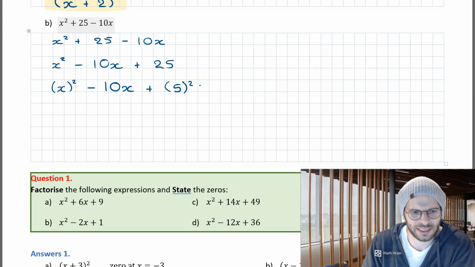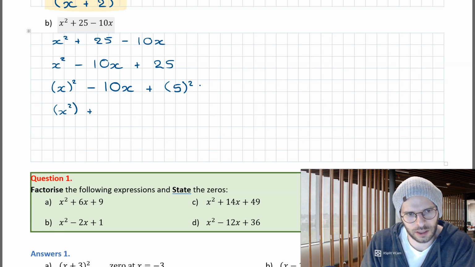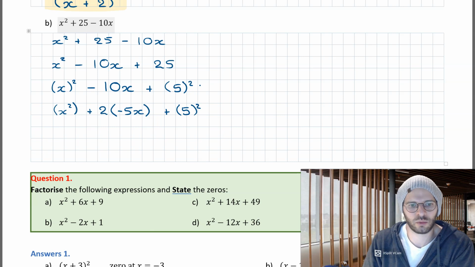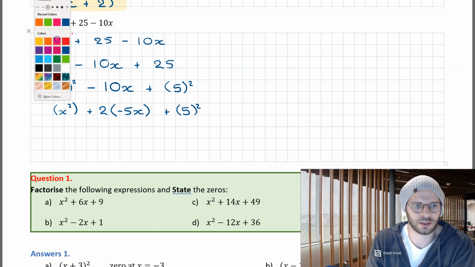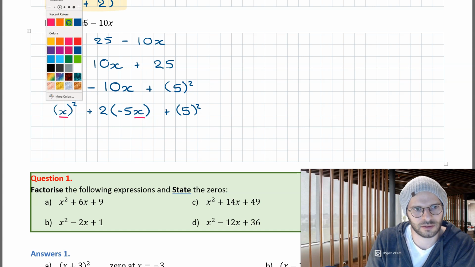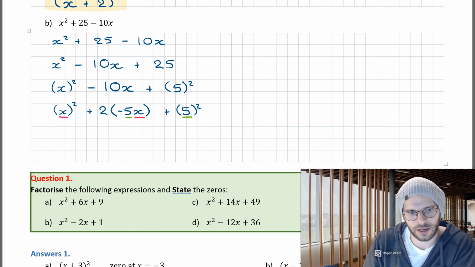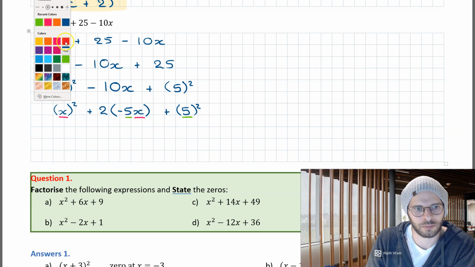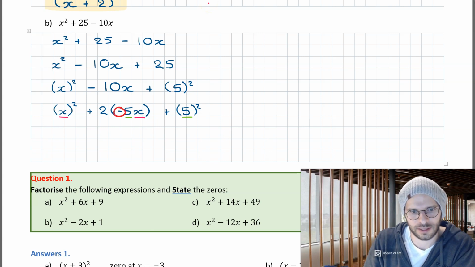Next, I want to split the linear term. So it will become minus 2 times 5 times x, plus 5 squared. And it's here where we hit a bit of a bump. We do have this x over here and x over here, and we do have the 5 and the 5, but where we have our problem is we have the negative there.